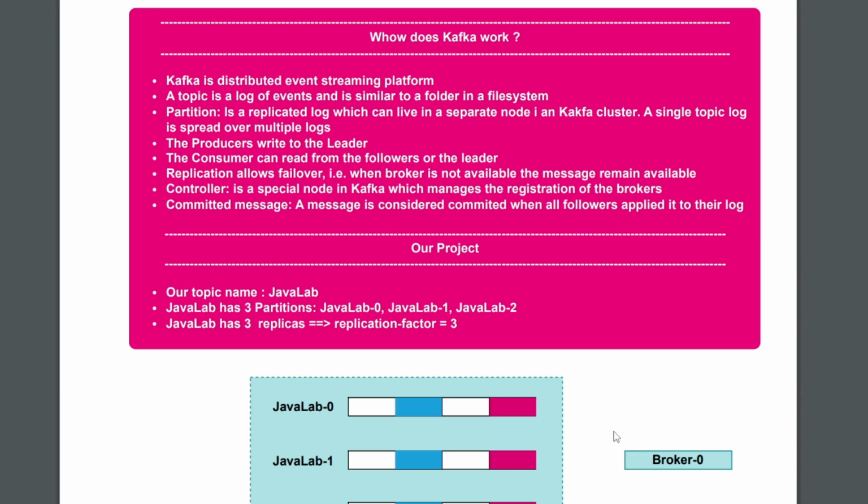While creating your topic, you set the partition number, and like this you spread the log of the topic over the Kafka broker instances which you have, and like this you can scale your application.